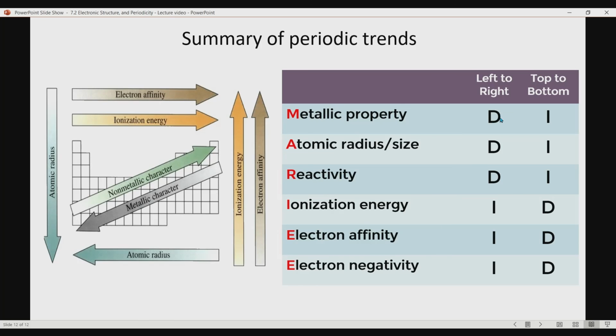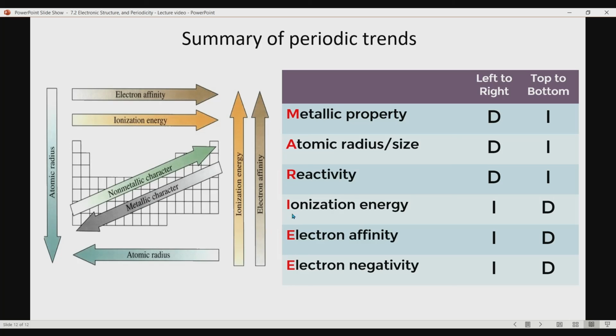So from left to right, your metallic property is decreasing. So from left to right daw po ay nagde-decrease. Tama naman. Kasi ang nasa kanan mo ay puro non-metals. And then from top to bottom, increasing. And then, as you know, atomic radius or size, from left to right, it's decreasing, and then from top to bottom, increasing.